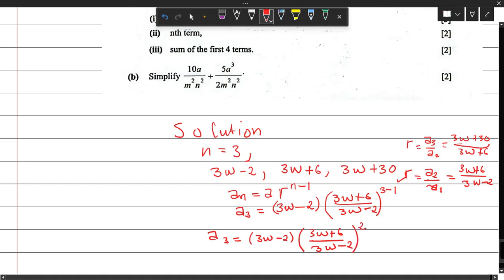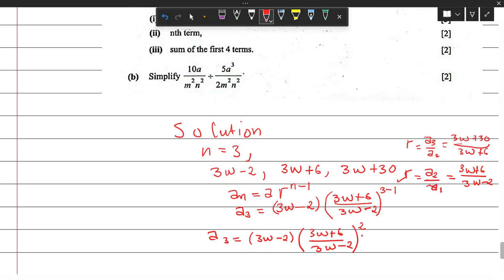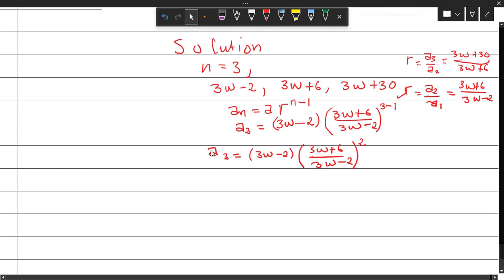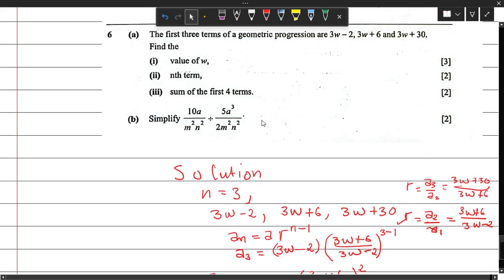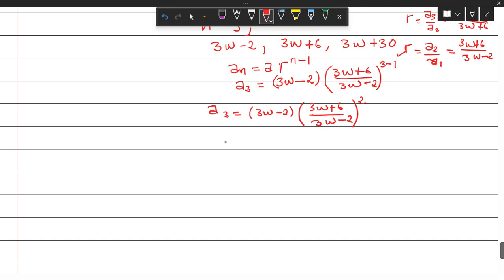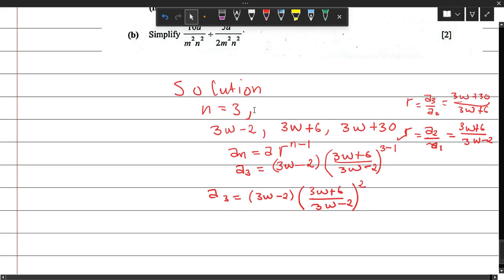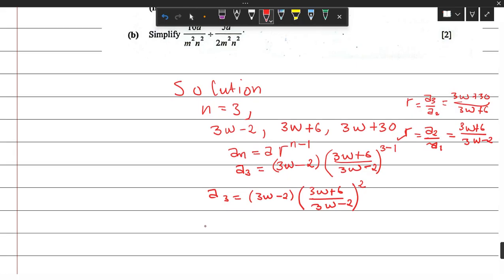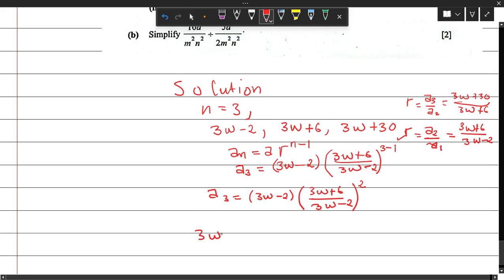So to the power 2. Yes. So again, third term, A3, we know A3. This is 3W plus 30. So we replace A3 with a term we know. So A3 is what? Okay, so we quickly write A3.